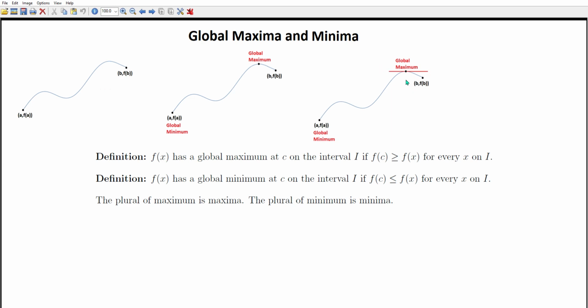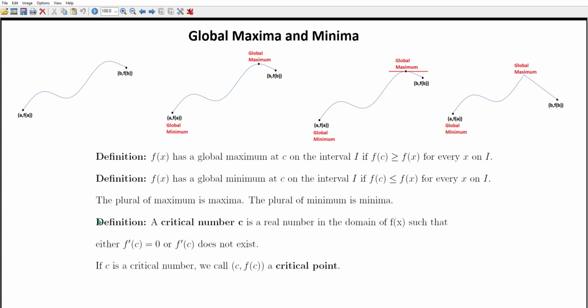So one of the things we're going to be looking at are places where the tangent is horizontal, which means the derivative is 0. However, not every top of hill or bottom of valley has a horizontal tangent. If we look here, we can see that our global max actually happens at a corner. So it's also possible that the derivative won't exist there.